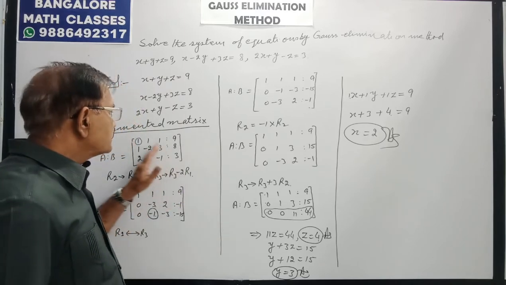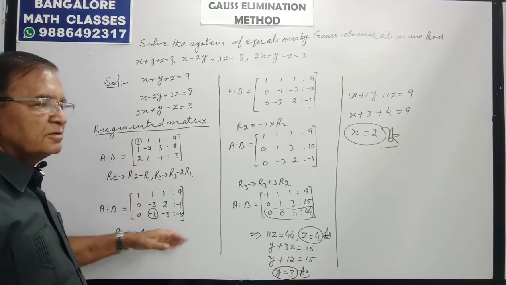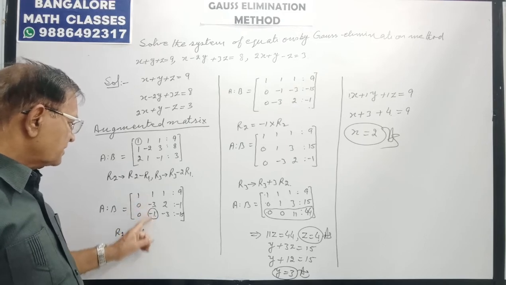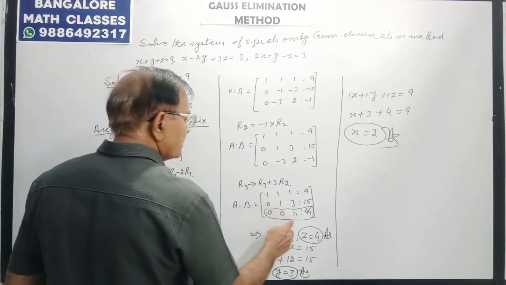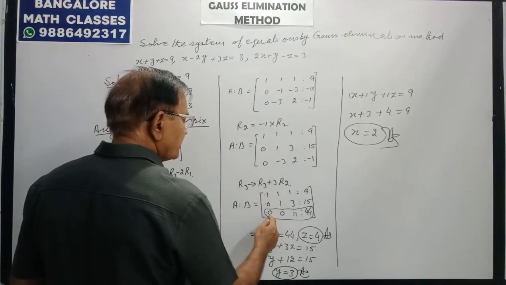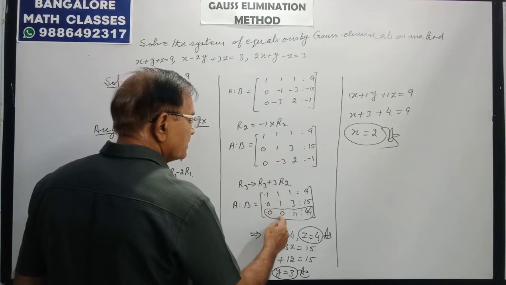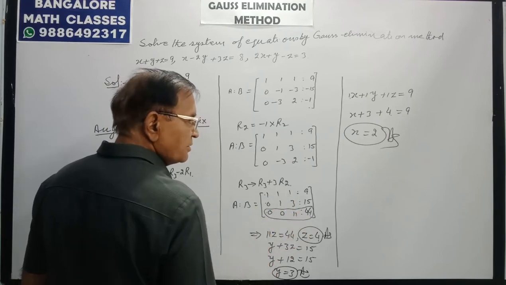Our aim is quite simple, to go for lower triangle 0, then put the values. First column is for x, second column is for y, third column is for z. In the lower triangle, first column for x means 0x, second for y means 0y, third for z means 11z equals augmented 44.